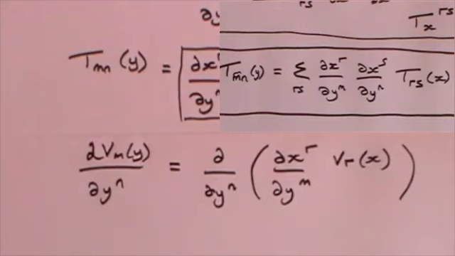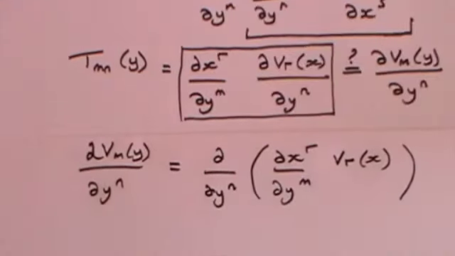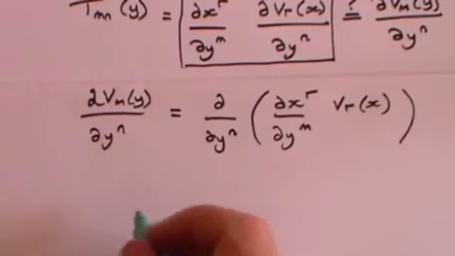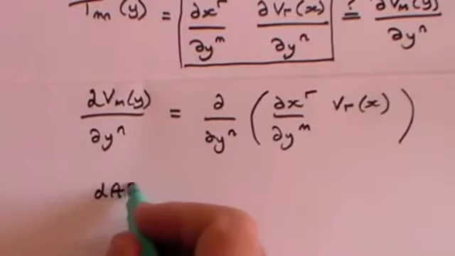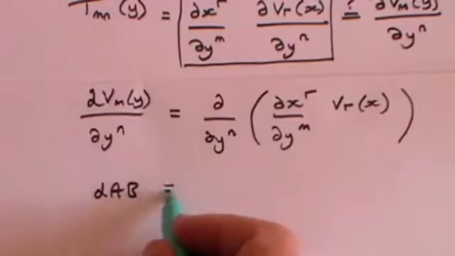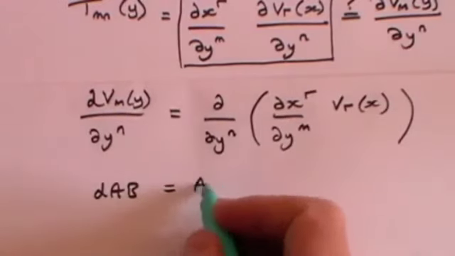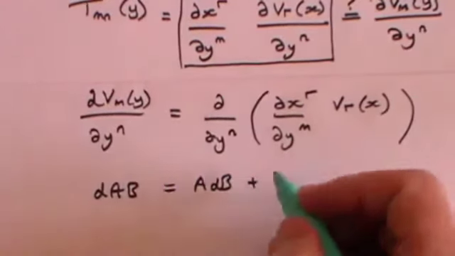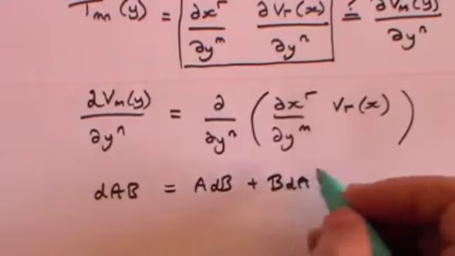That is what dVm by dyn is if you take it from equation number 5, but looking at it only with one index. But this is a differentiation of a product. And you should know that if you differentiate a product, let's differentiate A times B, then the differential of a product will be A times dB plus B times dA.